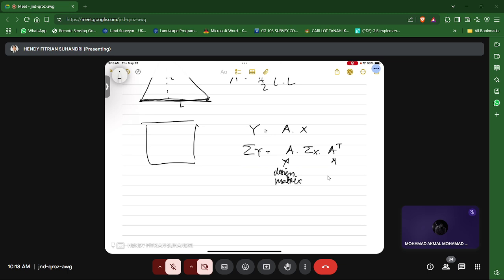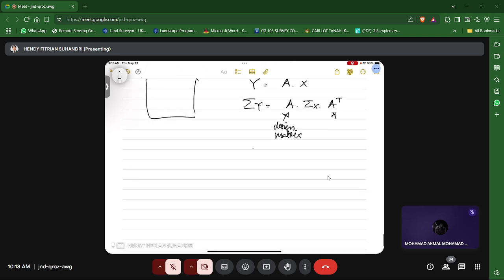So what is inside the design matrix? The design matrix, as we know, has m by n dimension. Remember that m is the number of observations or number of equations, while n is the number of unknowns or number of independent variables.